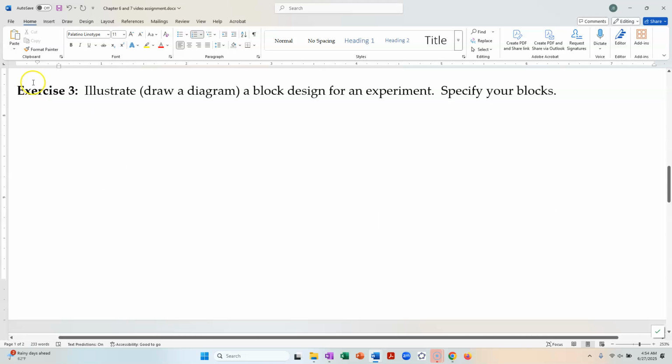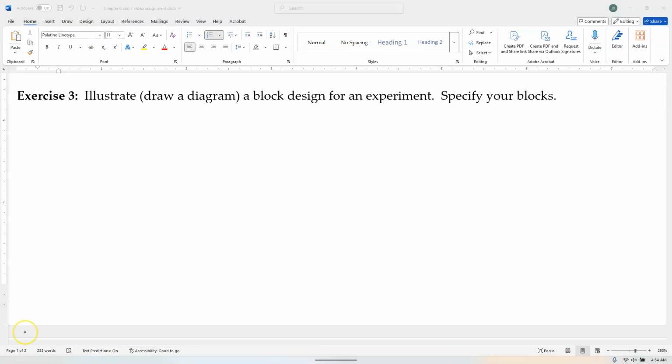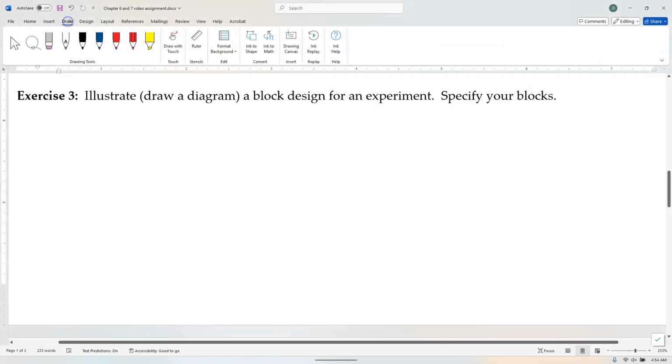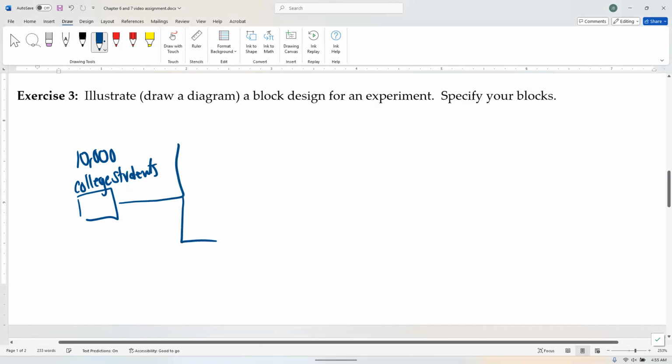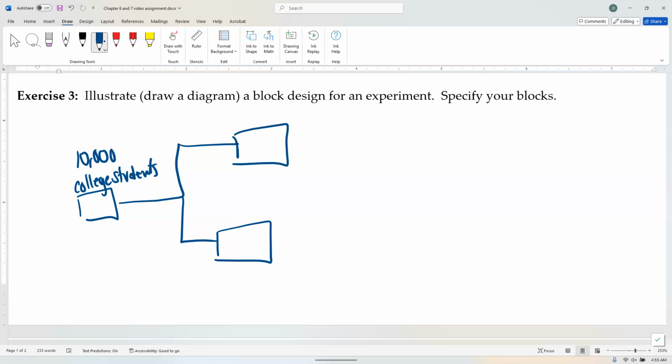All right, number 3, draw a block design experiment. Specify your blocks. And so you can pick different things. One easy one might be, you have your population of, I don't know, say college students, and you select 10,000 of them, and then you partition them into 2 groups, say male and female.